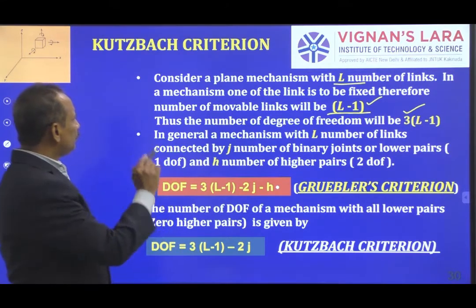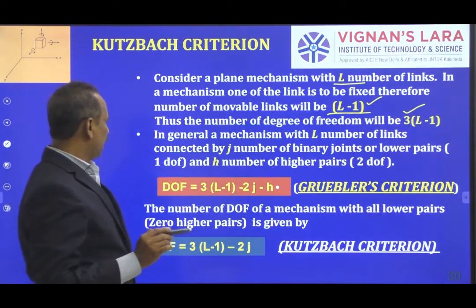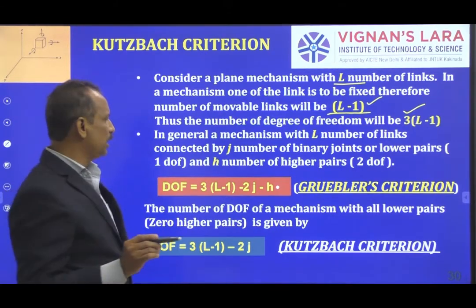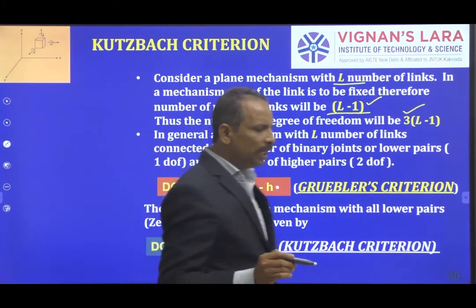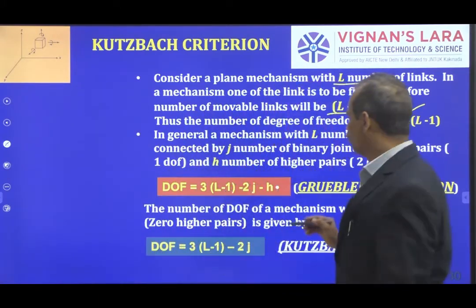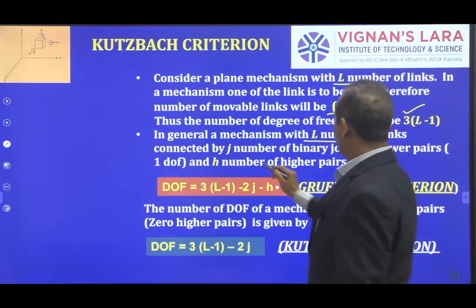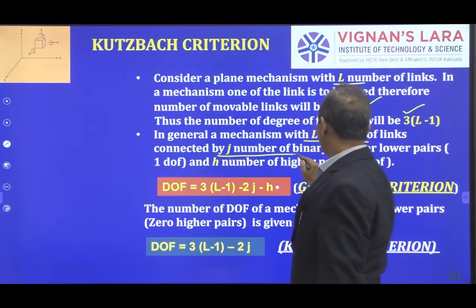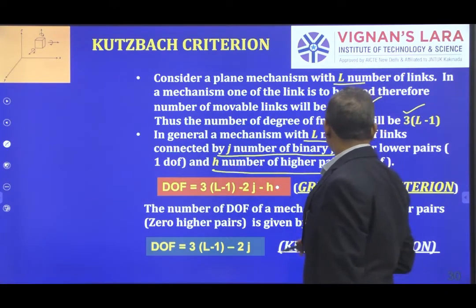Now we can apply this to a mechanism with a number of joints with lower pairs and higher pairs, and see how this equation can be rewritten. In a general mechanism with L number of links connected by J number of binary joints and H number of higher pairs.